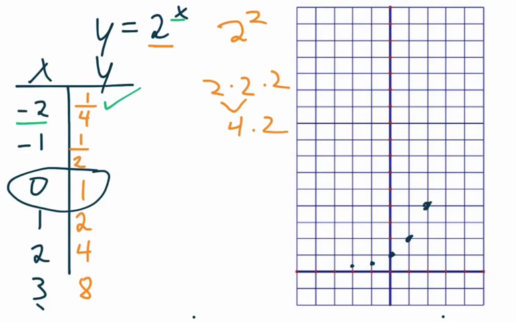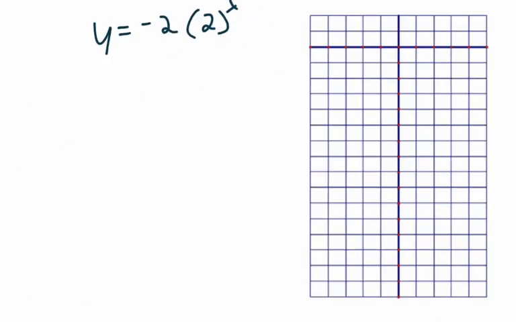The last one we have is 3 and 8: 3, 4, 5, 6, 7, 8. It should look something like that. And here's where you get the exponential function look that we're used to, that curve that goes up and takes off. So that's how we can graph it, creating a table and taking it from there.